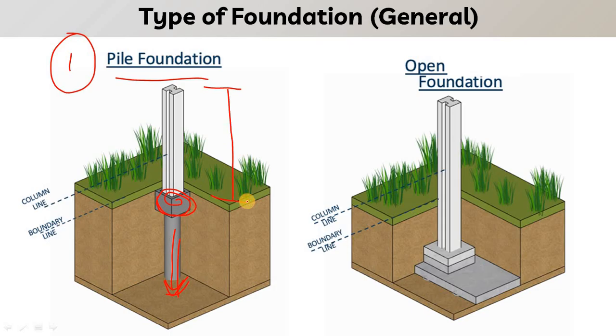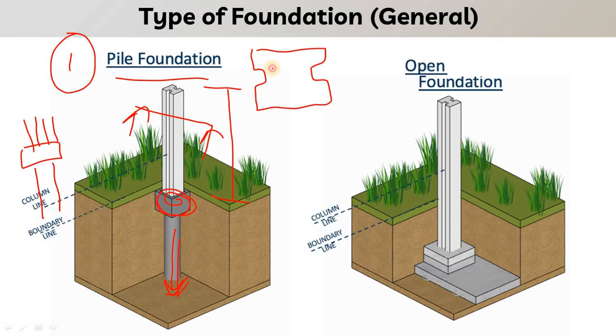How will it work? Let's say this is the pile cap. Here we have the pile. From the pile cap, dowels will be projected out. In the precast column, let us say we will see this section. Let us say this is my precast column.